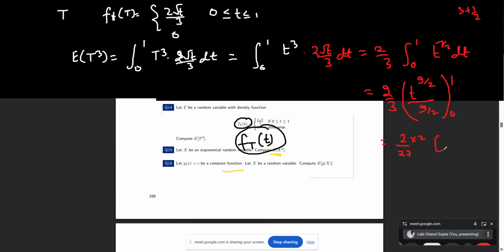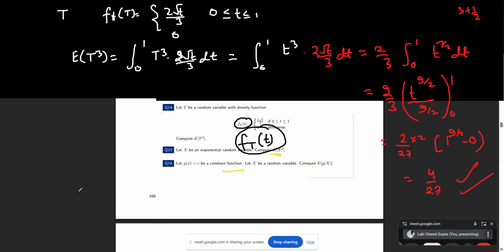When you put t equal to 1, you will get 9 and 0. So 4 upon 27 is the answer.